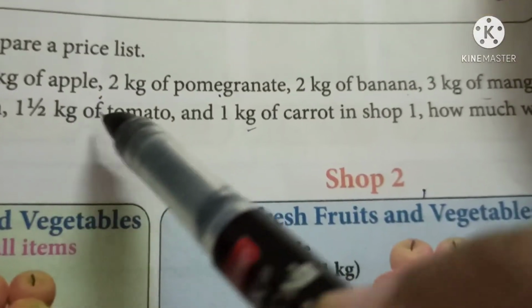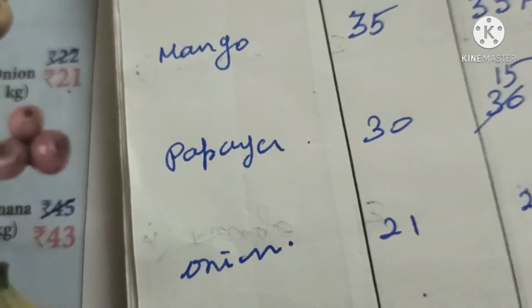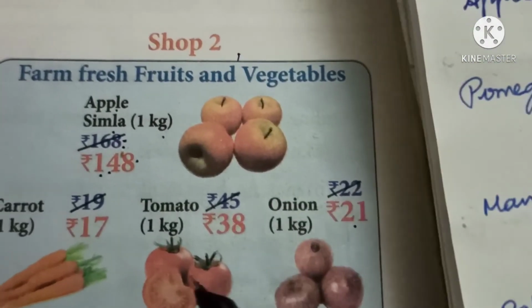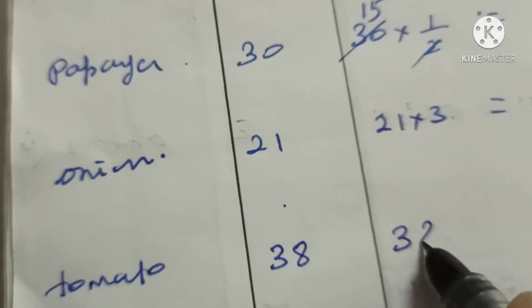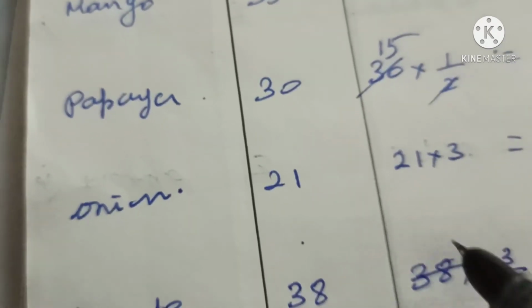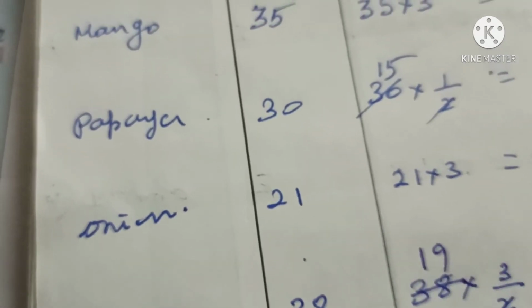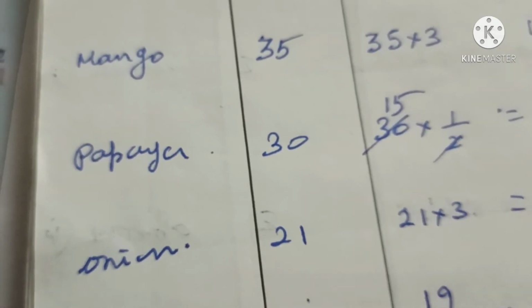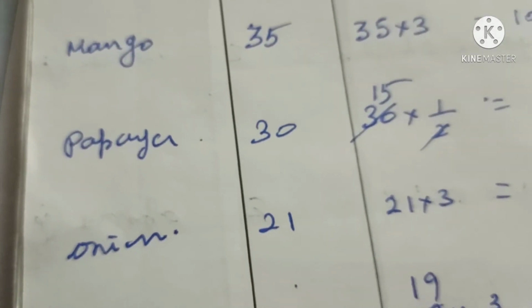And next one is 1.5 kg of tomato. Tomato 1 kg is 38 rupees. Therefore 38 into 3 by 2, which is equal to 19 into 3, 57.